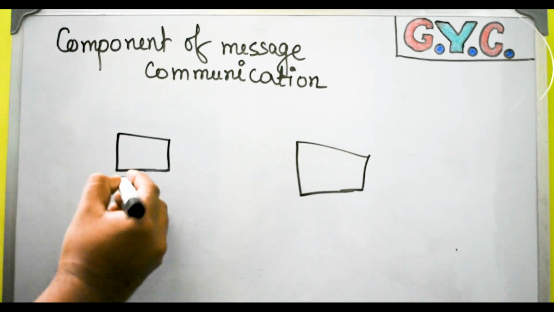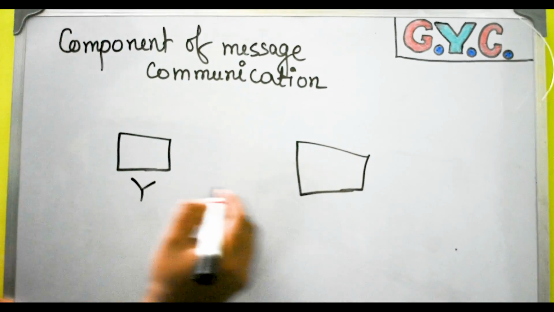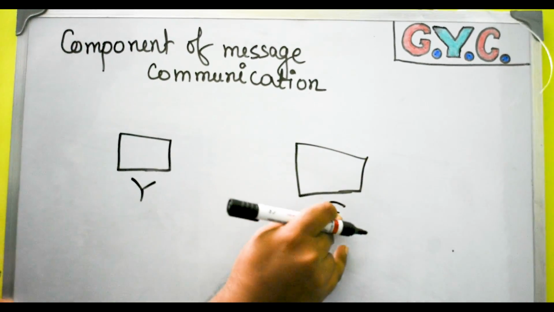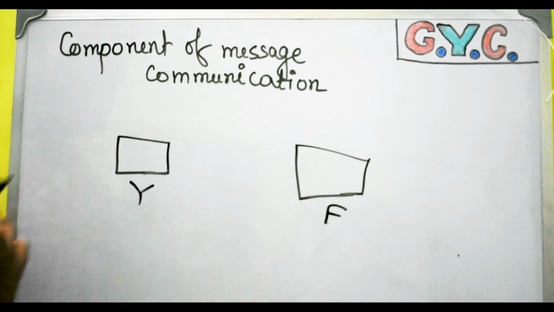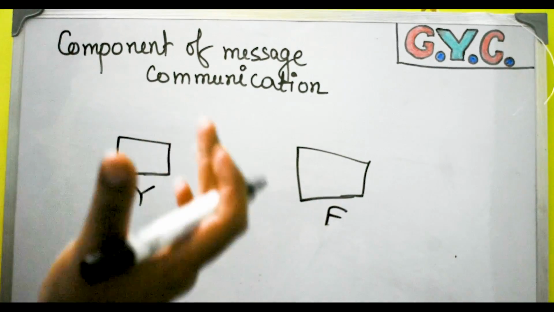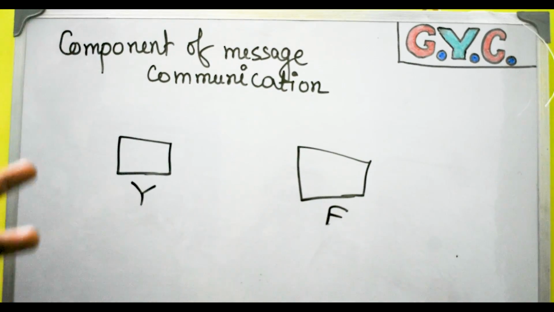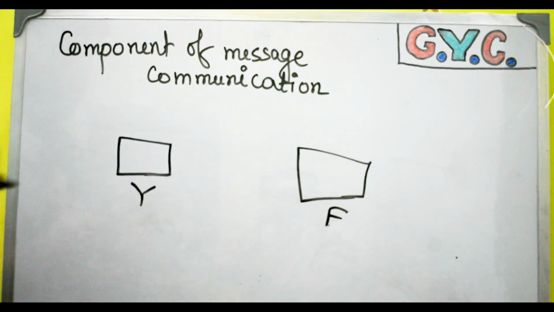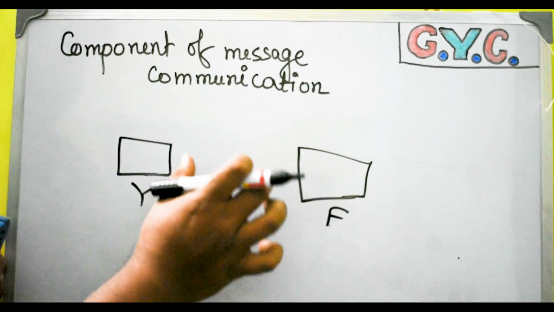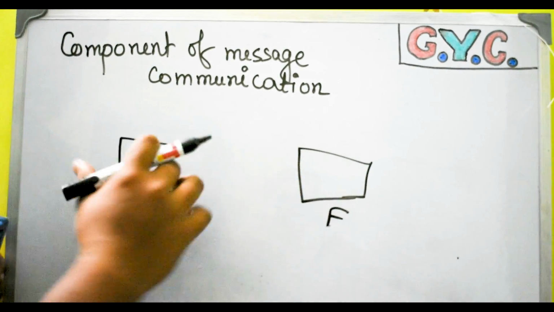Now this is you, this is your father, and there is no connection between you and your father. Then can you both communicate between yourselves? Can you communicate with your father without any connection?